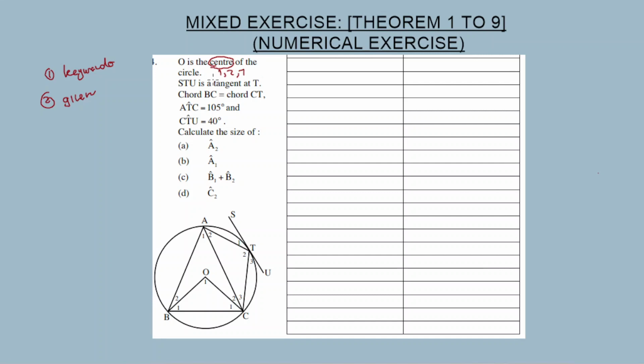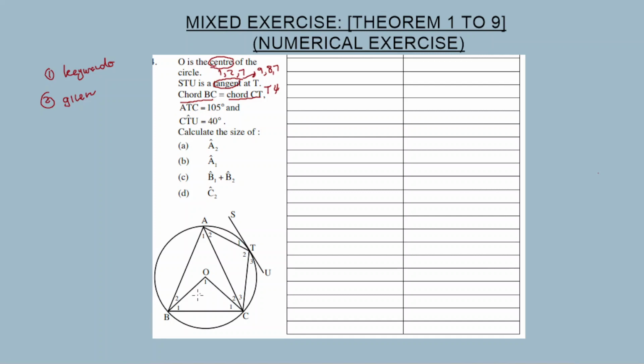This is the center of the circle O. STU is a tangent. Tangent involve theorem 9, 8, no theorem 7. And then chord BC is equal to chord CT, low theorem 4. Nakanjan, you apply theorem 4.